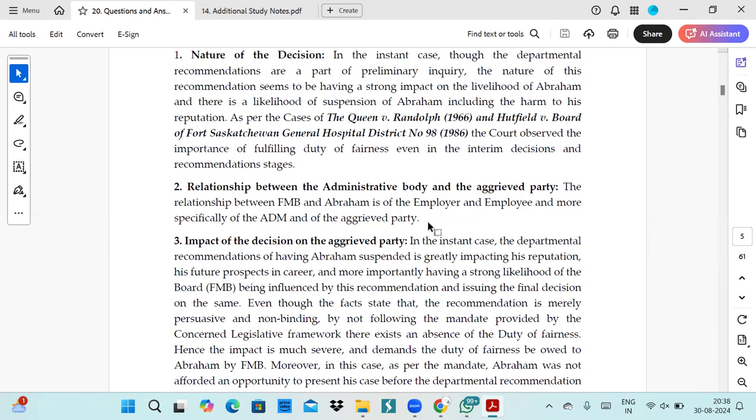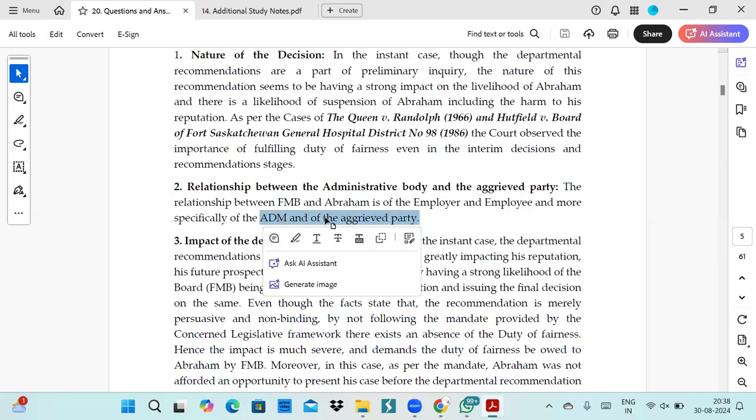Not every time you will get the relation of an employer-employee or some other relation between the parties, but every time you will get the relation of an ADM and an aggrieved. So at least even if you don't get any other relationship, write that this is the relation between these parties: one is the administrative party and another is the aggrieved party.